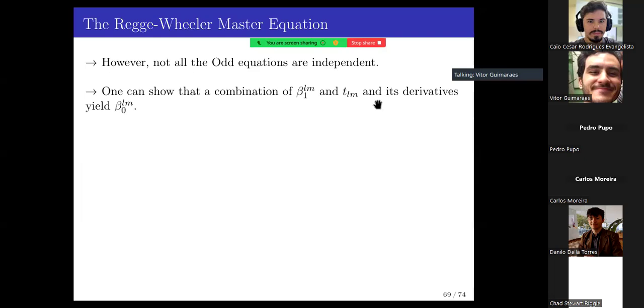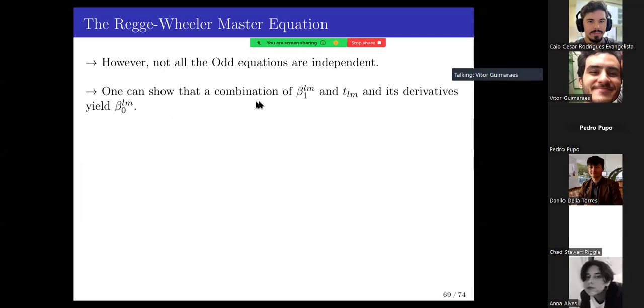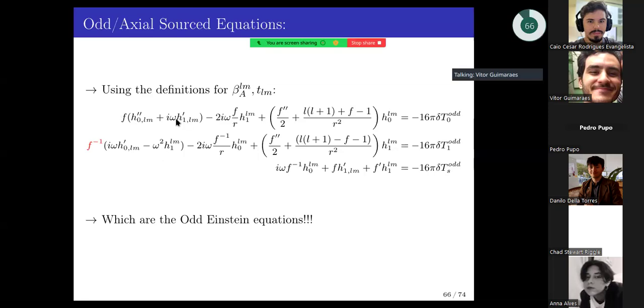Well, as I said before, not all the odd equations are independent, and we can show that a combination of beta 1 and t yields beta 0. If we look here, you can see that if we take a derivative with respect to r of this equation or of this equation and combine them in such a way, multiplying by some elements, some combination of first derivatives of these two equations will render us this equation here, right?